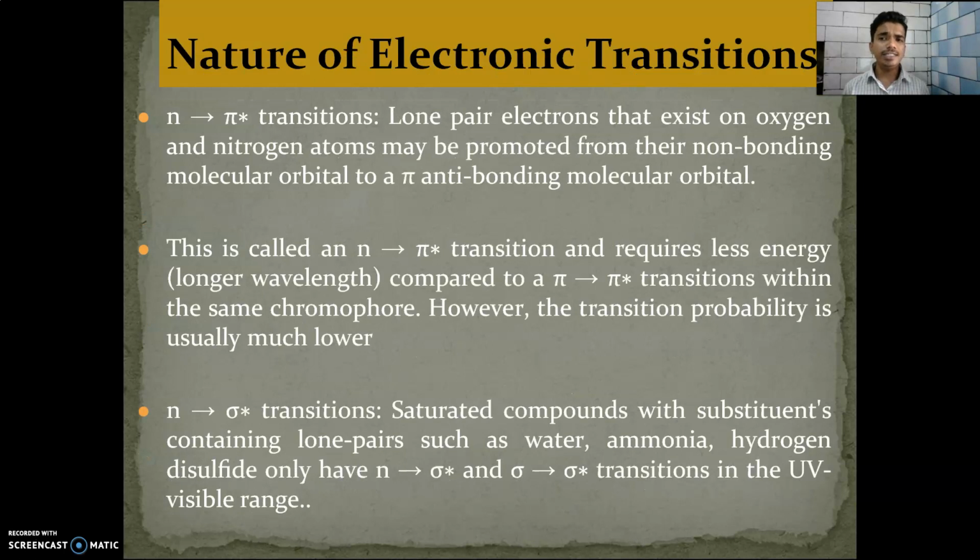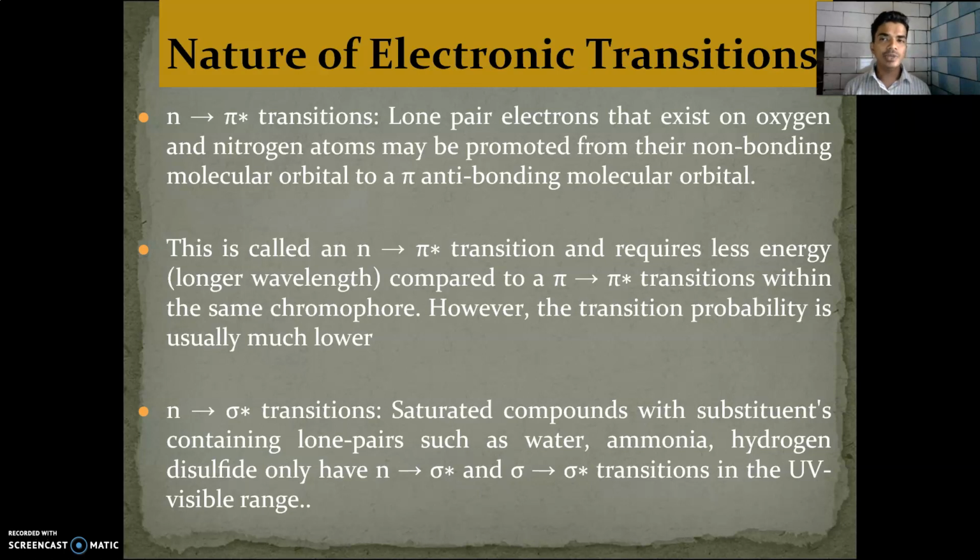Then if you consider the n to pi star transition, n means non-bonding and pi star means anti-bonding. So lone pair electrons that exist on oxygen, or in some compounds on nitrogen, may be promoted from their non-bonding molecular orbital to a pi star anti-bonding molecular orbital.